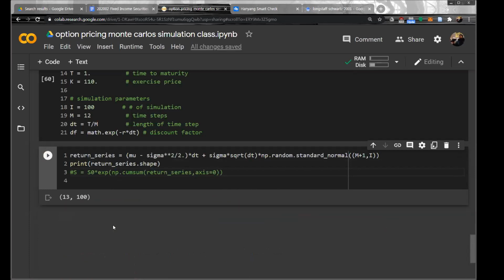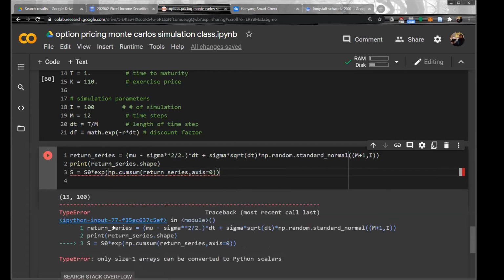Okay, so far it is fine. And I have to cumulate it. Why? Cumulative sum of the return series with axis 0. I think it should work. Only size 1 array can be converted to Python scalar.